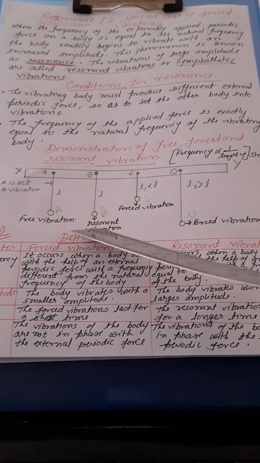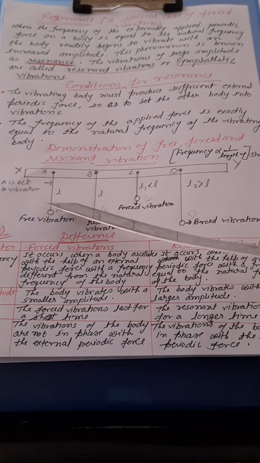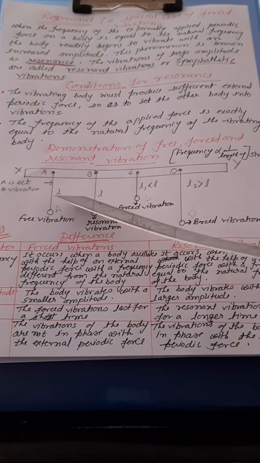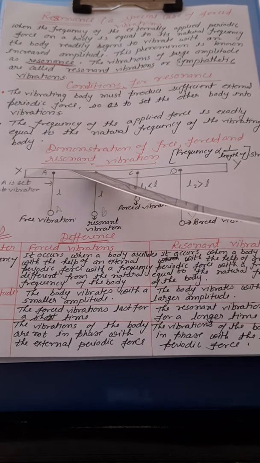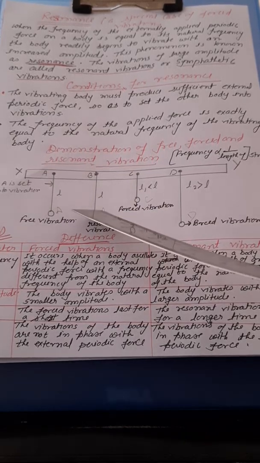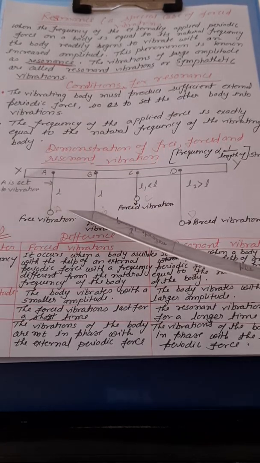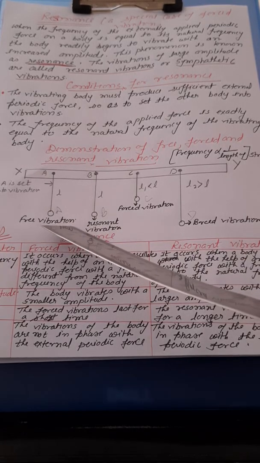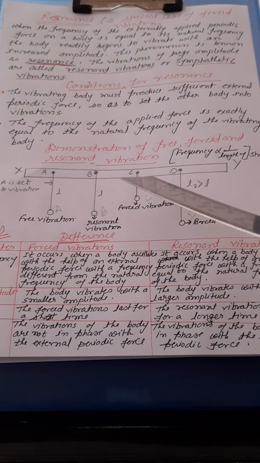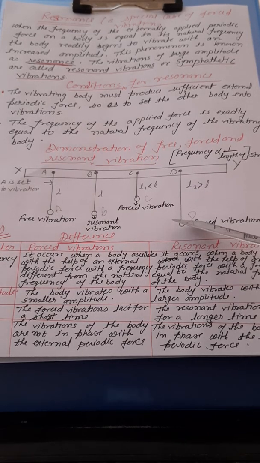Why? Because the length is the same, and as we know, frequency is inversely proportional to the length of the string. So A and B have the same frequency. The frequency matches, so B will vibrate under resonance. It means large amplitude.